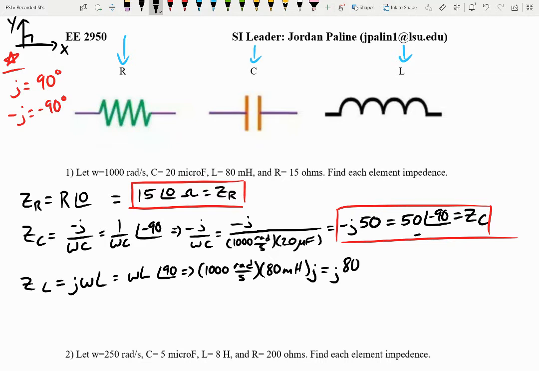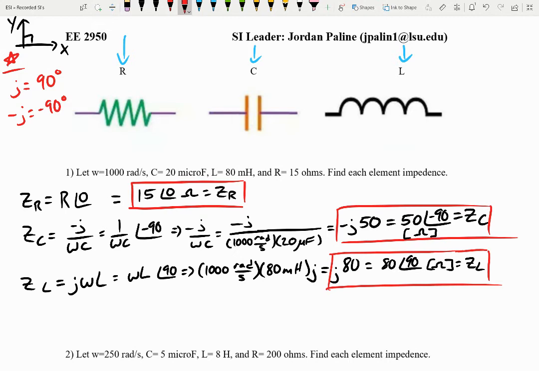Oh, I forgot to drop the unit in here, but this is ohms, which is the same thing as saying 80 at an angle of 90. And unit is ohms. Z of L. All right, so they're pretty straightforward when it comes to finding those values.